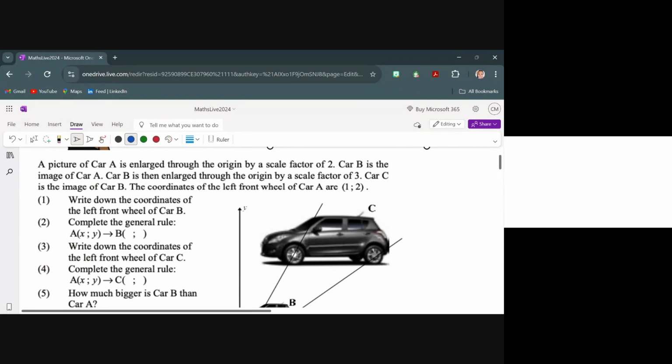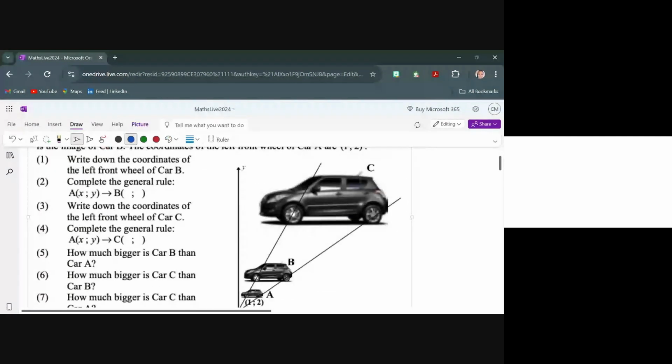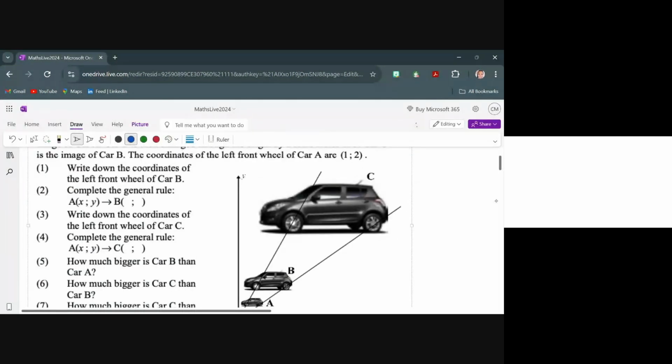It says, a picture of a car A is enlarged through the origin by a scale factor of 2. So let's go have a look. There is car A, the tiny little car down there. Sure, and this thing is fighting me for real.